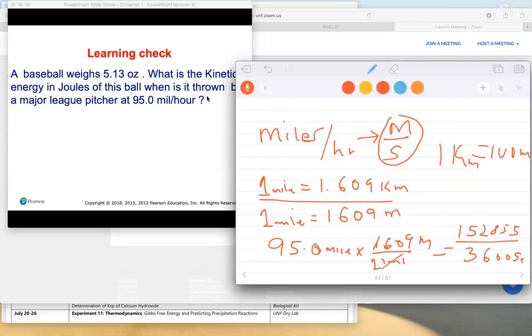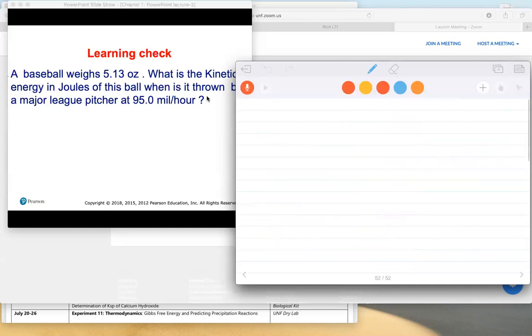Speed in meters per second, and I have here 42.459, and this is meters per second. I've changed this speed you see here from miles per hour to meters per second.